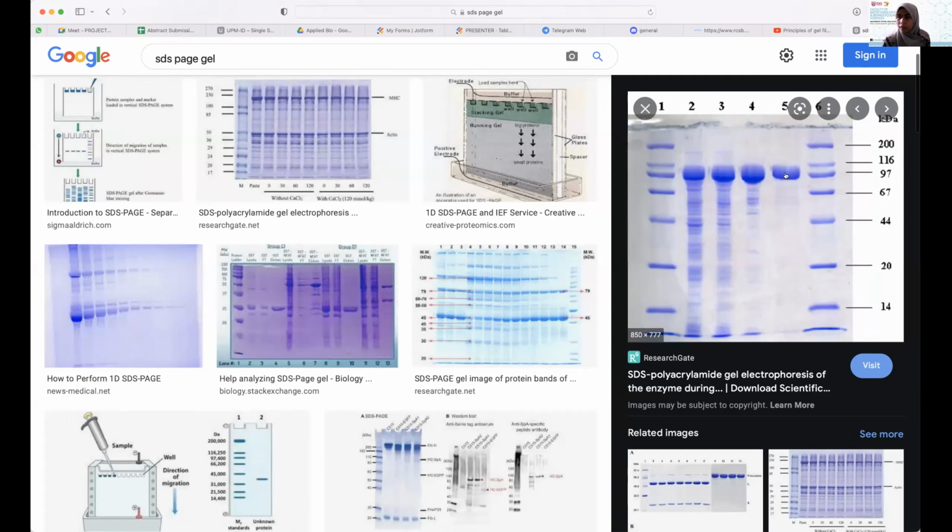The target protein here will be much better than the other impurities. You can even polish this so that only the target protein is present, and the rest will be removed. So this is how we purify the protein. You can see the difference between the impurities and the purified one.